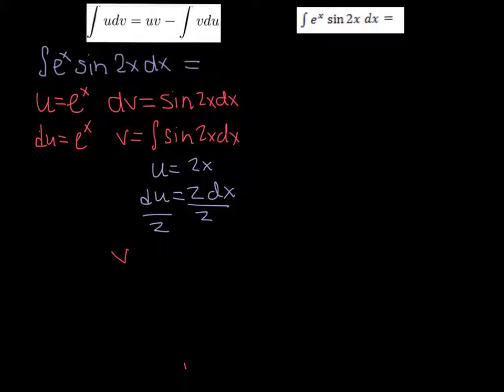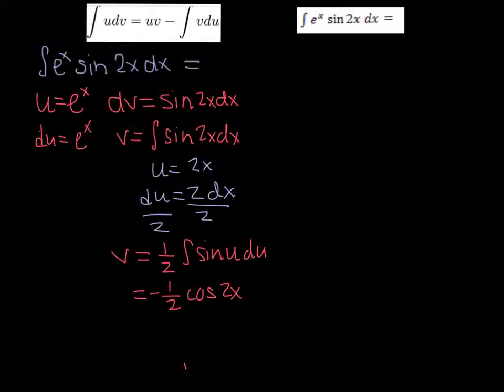So the function v will be 1/2 times the integral of sine of u times differential of u. And the integral of sine is negative cosine, so I'm going to write the negative here, and then 1/2 cosine of 2x, and remember that I'm not writing the constant here. Now the substitution.